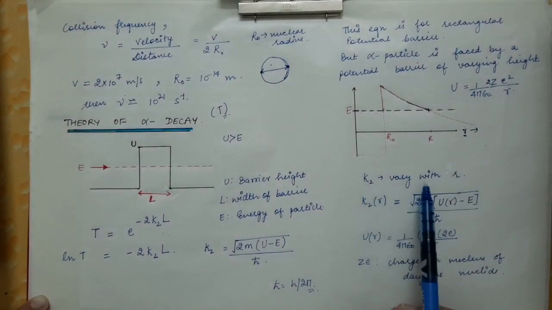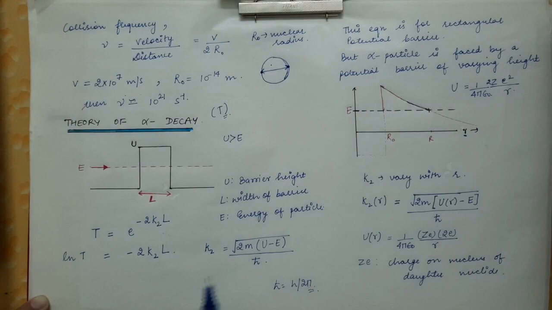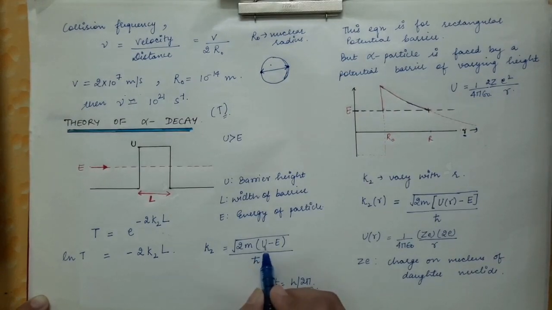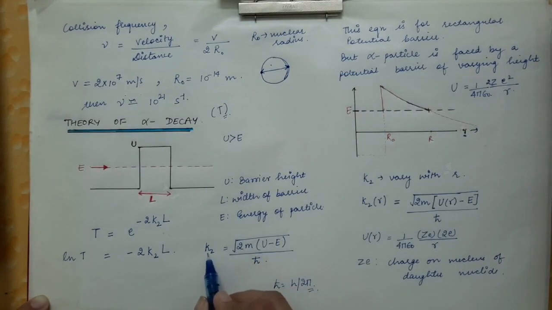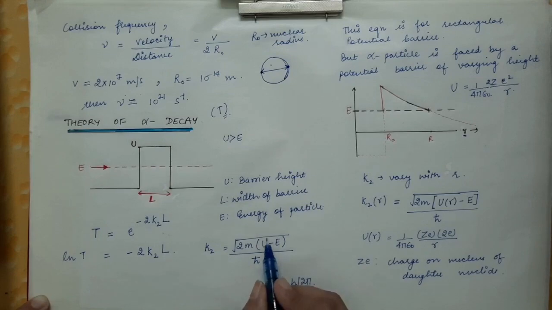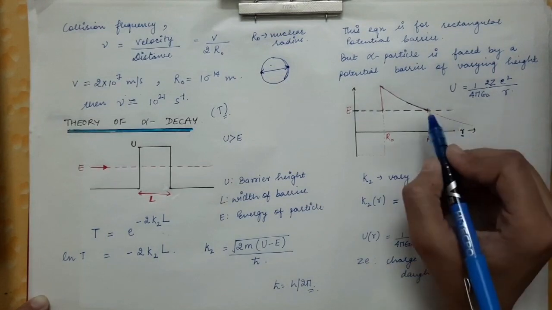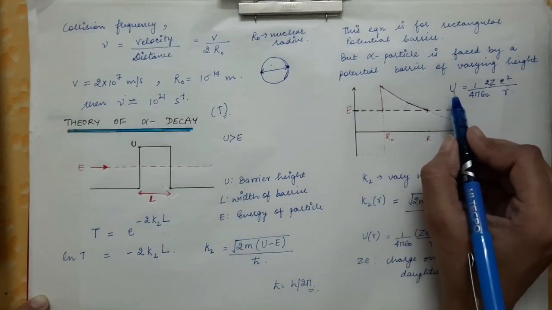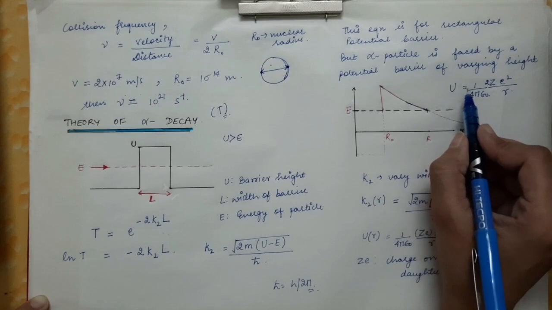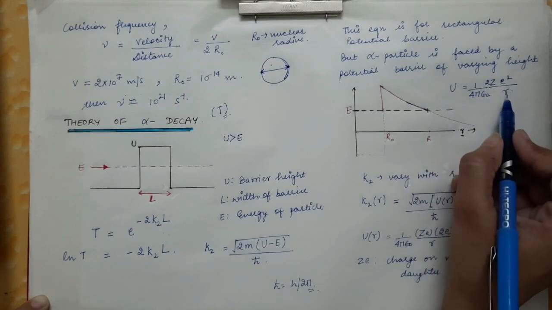So K2 will vary with distance for the case of the alpha particle, because in the formula of K2 we have potential energy, and we know potential energy is dependent upon distance. This is the Coulomb potential energy, and it goes inversely with the distance.